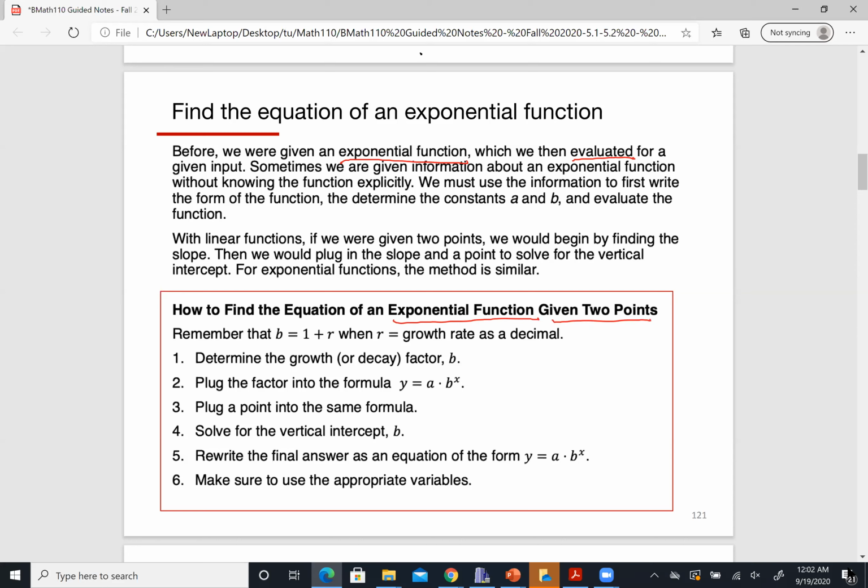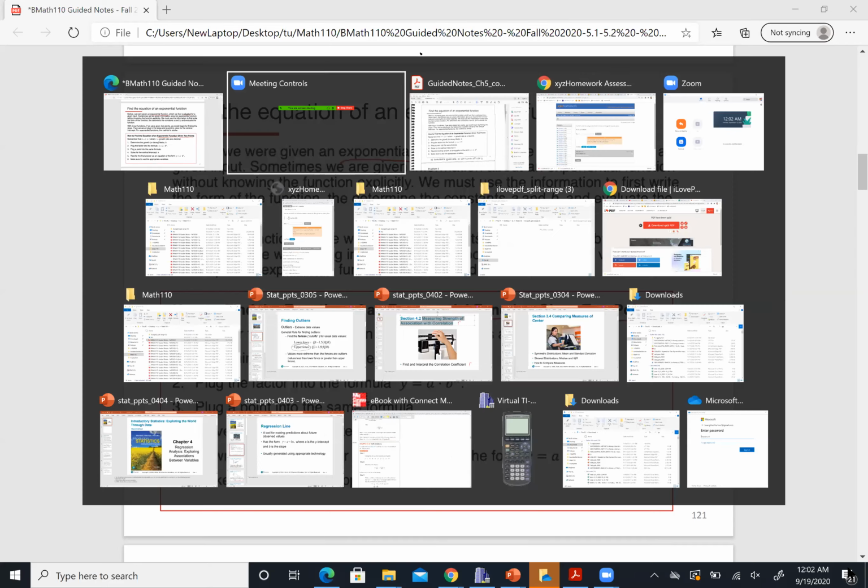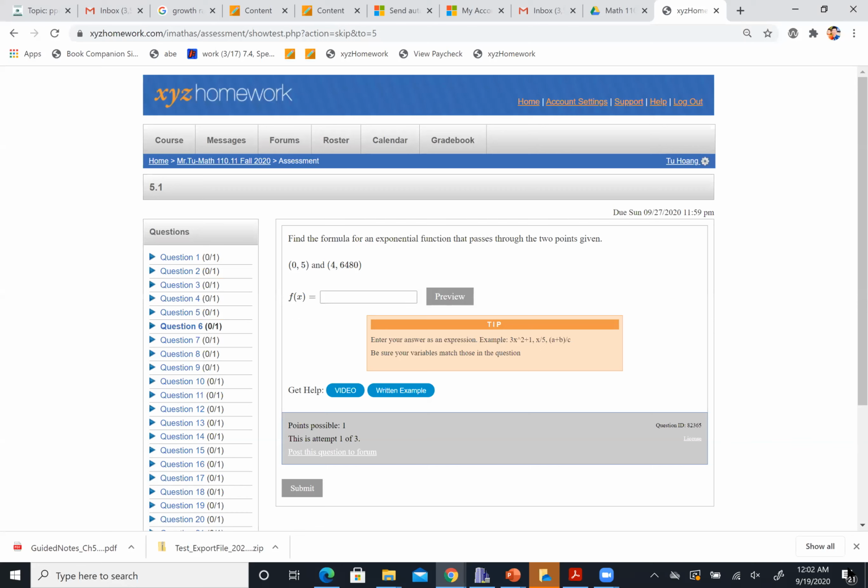If you want to see how you can apply this to the homework, you can take a look at homework 5.1, or the assignment 5.1. I also ask you to find the formula for an exponential function that passes through the 2 given points. In this problem, it's 0, 5, and 4, 680.